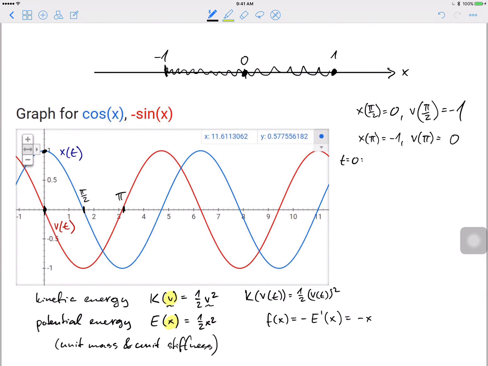All right, so at time equals 0, what is the kinetic energy? It's the kinetic energy of the velocity at time 0. That's kind of simple, that's 0. And the potential? 1/2. If I go to time pi half, what is the kinetic energy now?